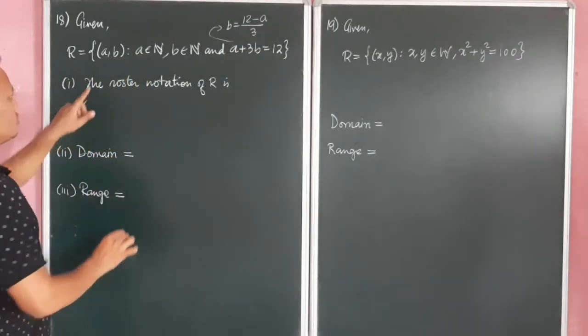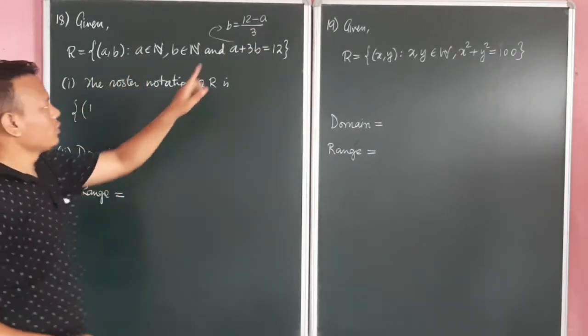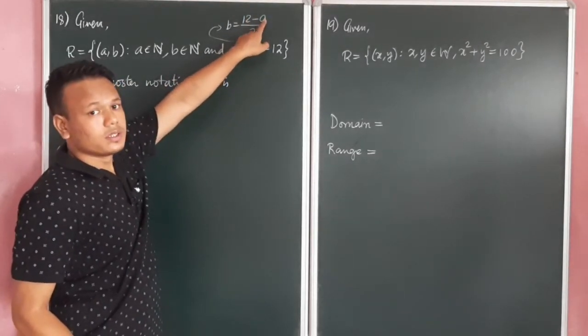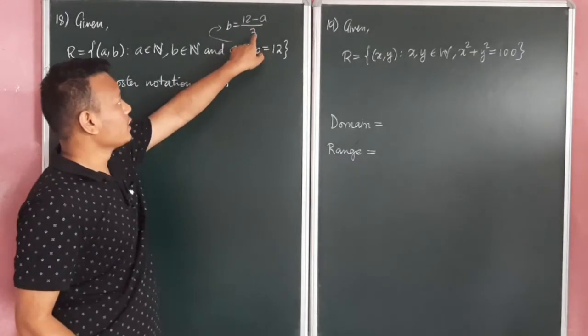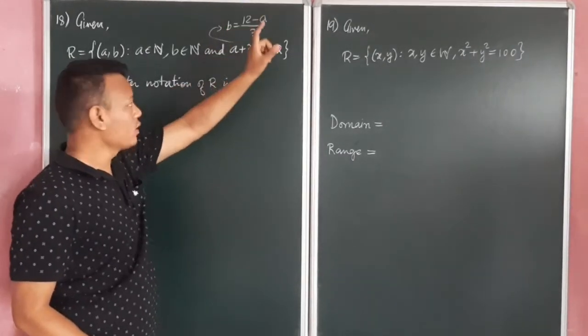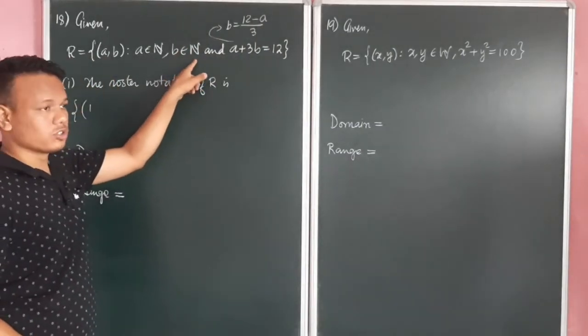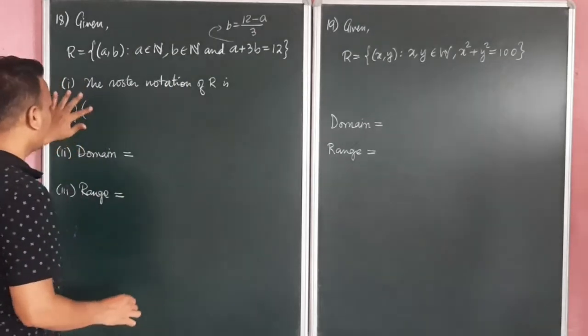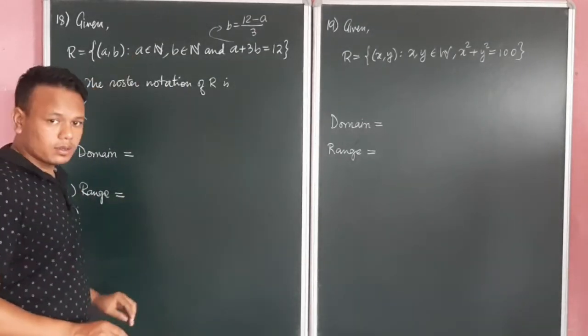If I choose A to be 1, we get 12 minus 1 is 11, so 11 by 3. The value of B turns out to be 11 by 3, and B also has to be a natural number. But 11 by 3 is not a natural number, so I cannot choose A to be 1.